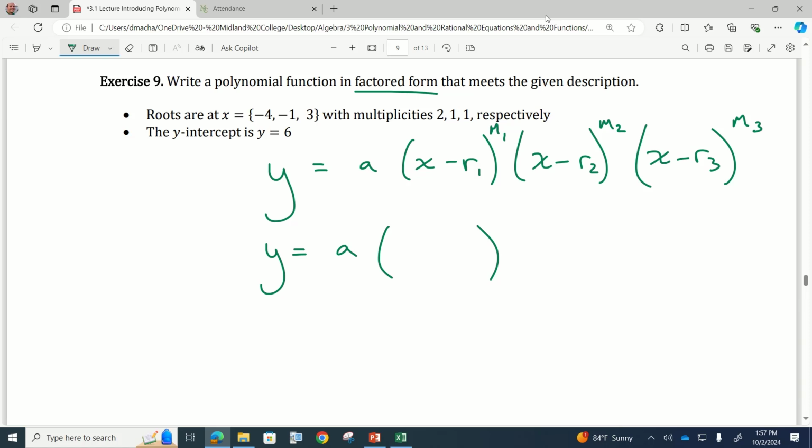X plus 4, raised to the power 2. And then my second factor should look like X plus 1. And the last factor looks like X minus 3.